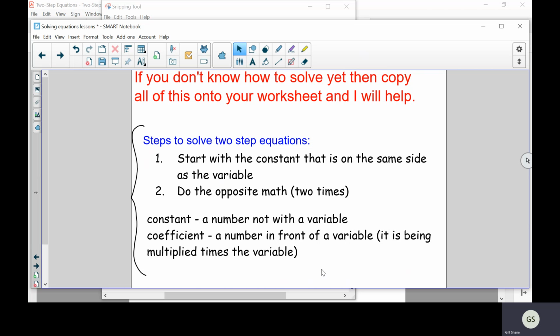The next step. So yeah, we do the opposite. Addition. So you need to do the opposite of subtraction.